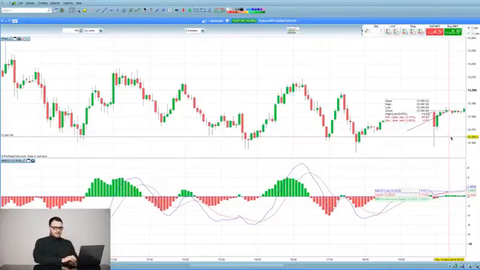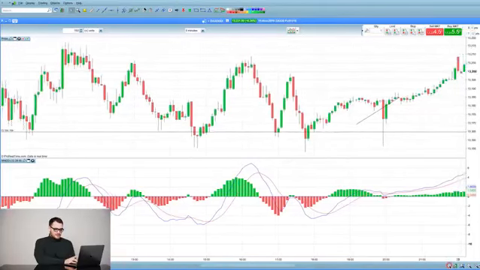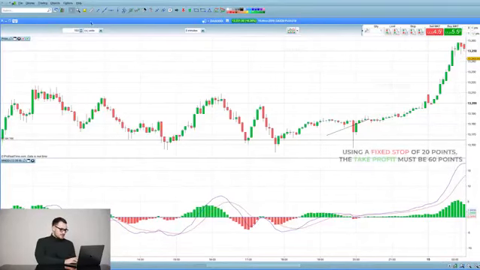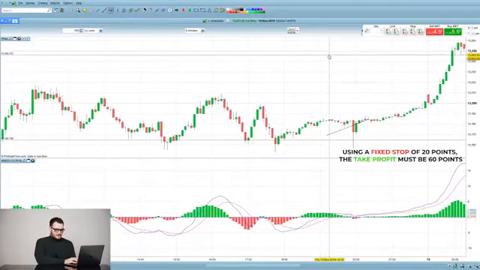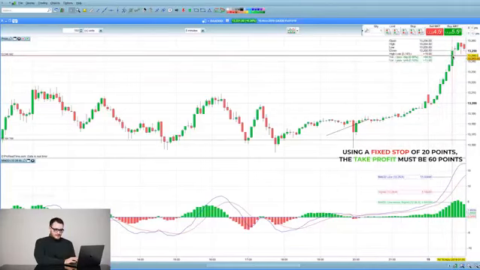Where would our take profit be? Our take profit would actually be quite far away. In this precise situation it would be around 13,245.